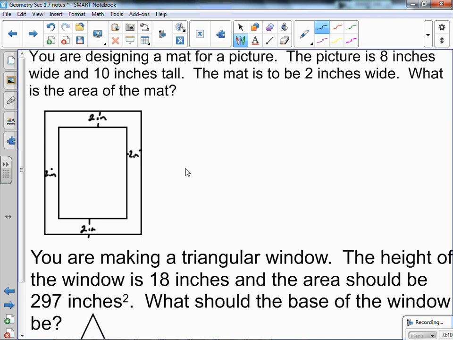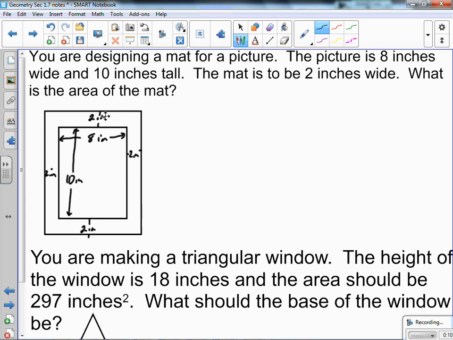The picture itself is going to be 8 inches wide by 10 inches tall. And so we want to know the area of just the mat.